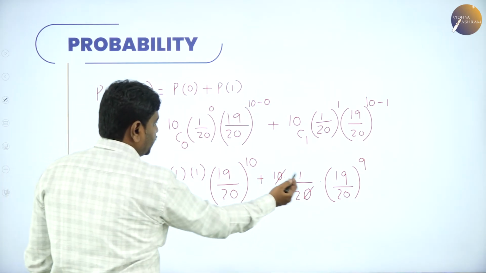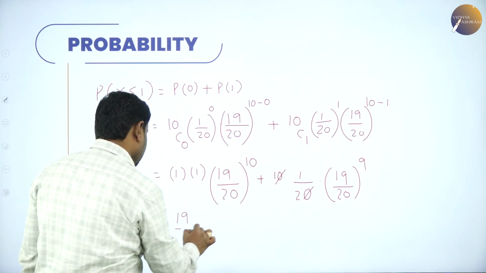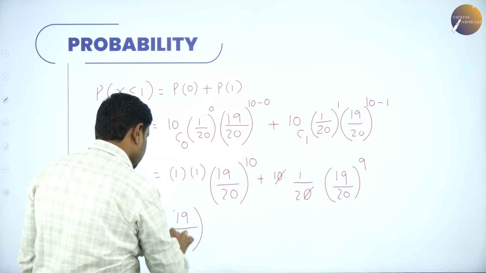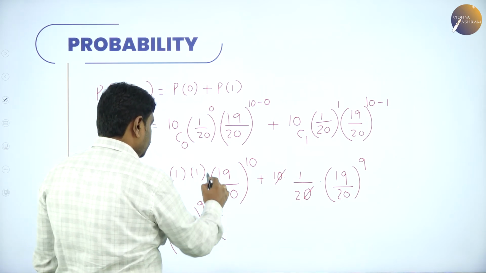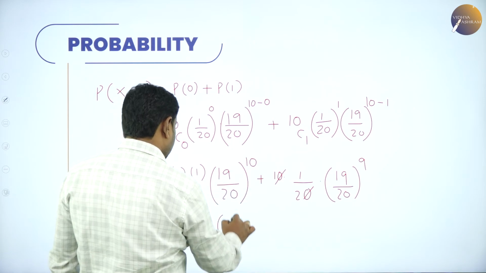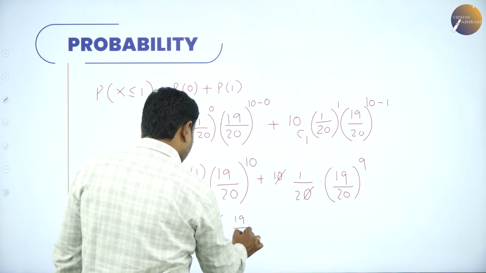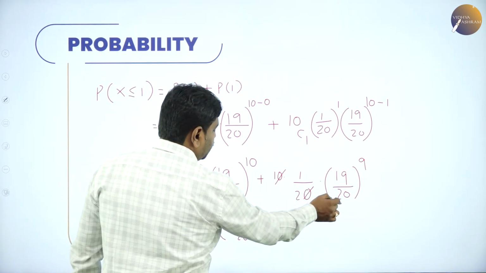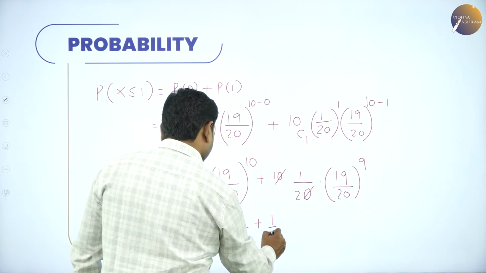In these two terms, take the least power common, that is 19 by 20 power 9, and take it out. So here 1 into 19 by 20 is one term, plus 1 by 20 as the other term.